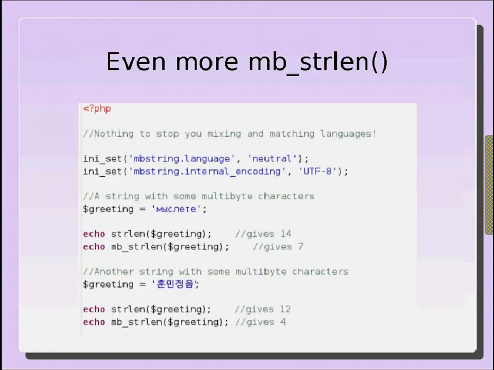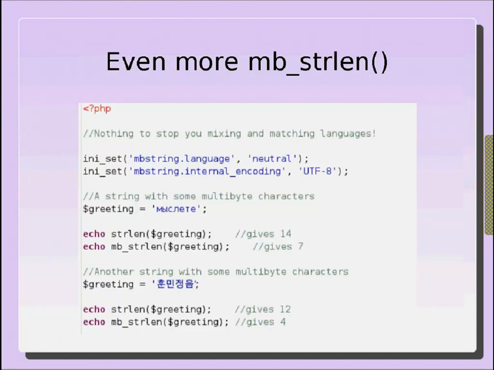Okay, the last one here for string length. This little snippet here is just to show that with MB string, and especially with Unicode, there's nothing to stop you mixing and matching different natural languages in the same application. So if we set the language directive to neutral, we've got the first greeting, which is Russian.